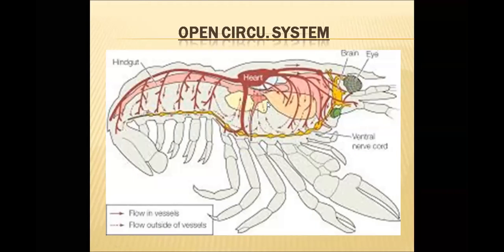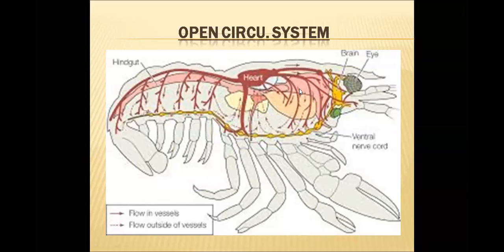Okay. So coming to open circulatory system, you carefully observe this diagram. This is the heart, and this heart is collecting blood from some collecting ducts, and it is supplying blood to some other pumping ducts.